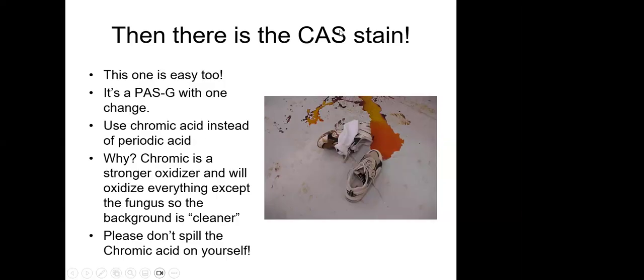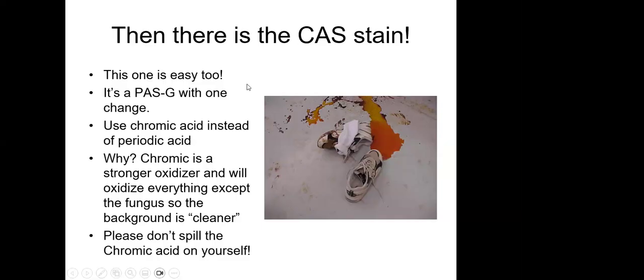And that's because the PASG can also be referred to as the CAS stain instead of the PAS stain. Because we have those fungal cell walls that are chitin, we have to use a harder acid to oxidize than the periodic acid.